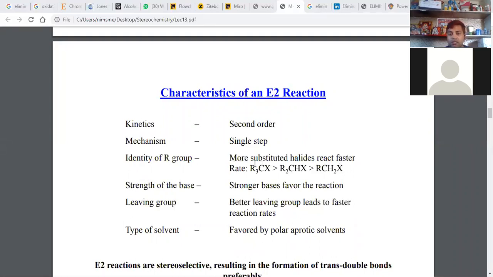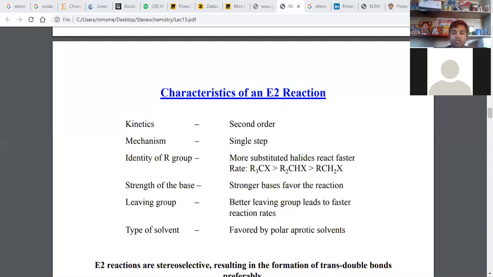Strength of the base: a stronger base favors the reaction. Leaving group: better leaving groups lead to faster reaction rates. Type of solvent: favored by polar aprotic solvents.